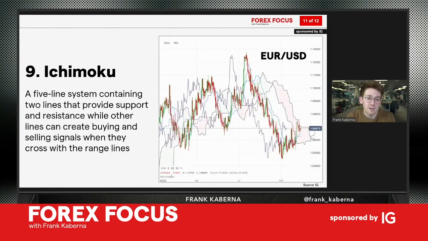Ichimoku here is a really interesting one. If you are interested in more high-level indicators, definitely do some added research on this, because there are two lines that form what's called the Ichimoku cloud. And then there are other lines in here that are meant to convey a potentially upward moving or downward moving trend when they cross over with the lines of that cloud.